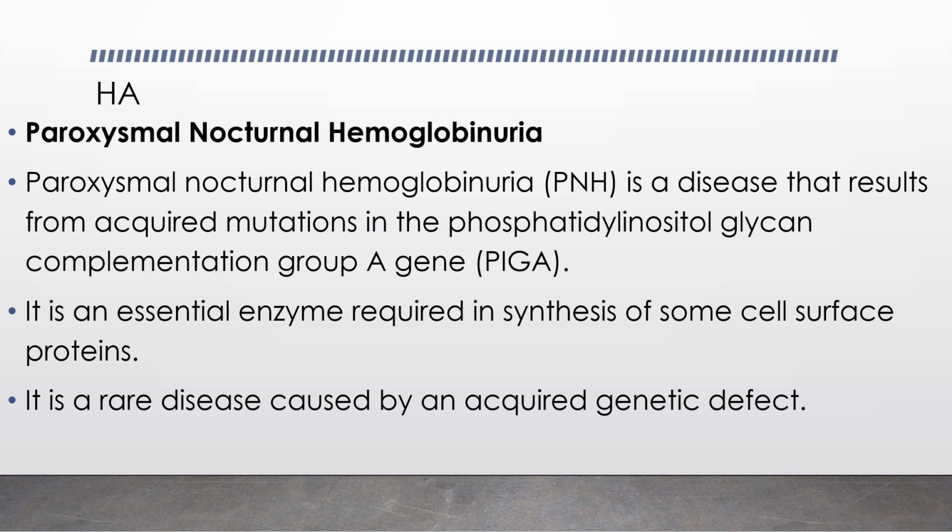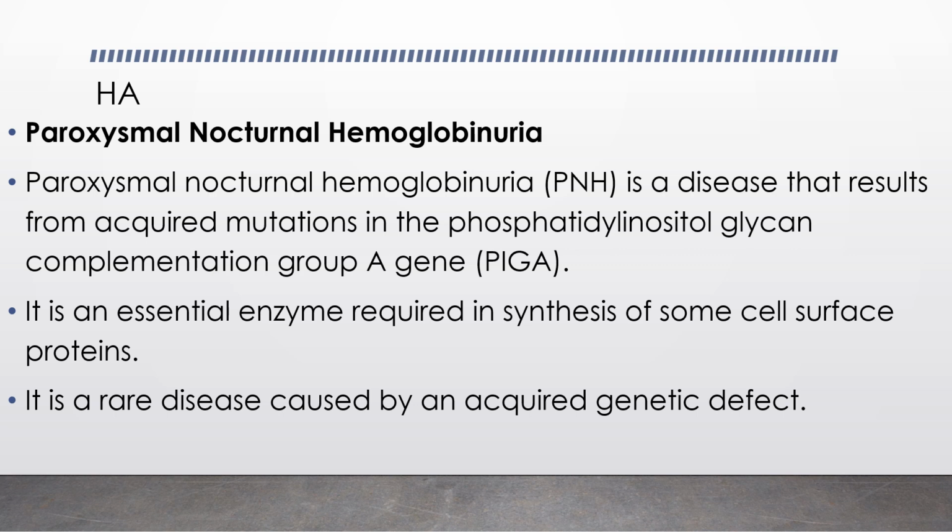Another disease is paroxysmal nocturnal hemoglobinuria, which is not a common one, but it causes damage to RBCs, or anemia, now and then. The disease results from acquired mutations in the phosphatidylinositol-glycan complementation group A gene, the PIGA gene.